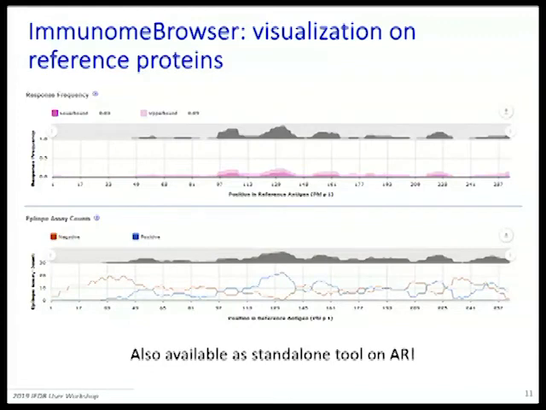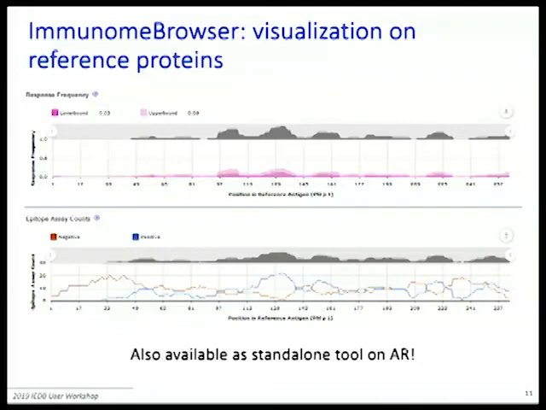In the top graph, what we're looking at is response frequencies, so number of subjects tested versus responded at each position. And then in the bottom, you're looking at assay counts. What this provides is, as I mentioned, a snapshot, a global view of how these data visually lay out on an antigen.